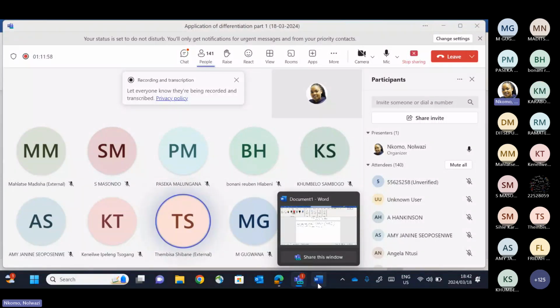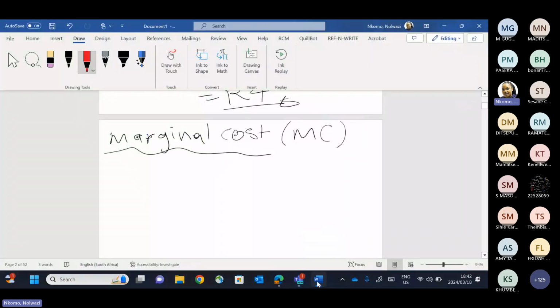Thanks. Okay, guys, let's move on to the marginal cost. The marginal cost is just an increase or decrease in the cost of producing one more unit or service, or saving one more customer.